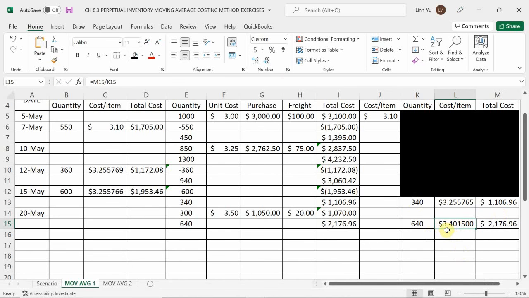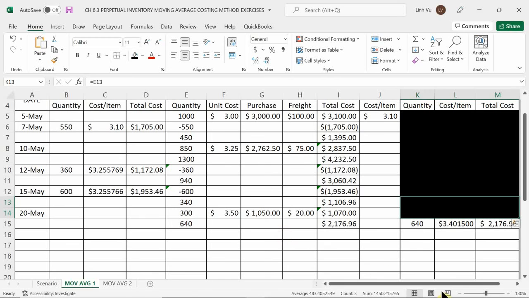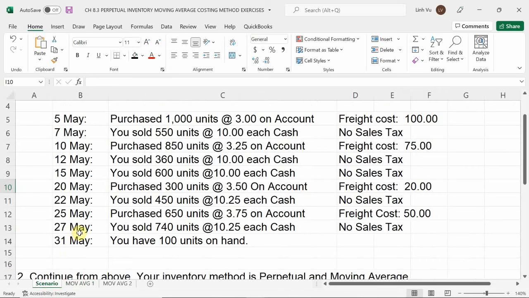It's now $3.415. And I'm going to hide this here. So we're now at 640 units. Let's see what happens next.